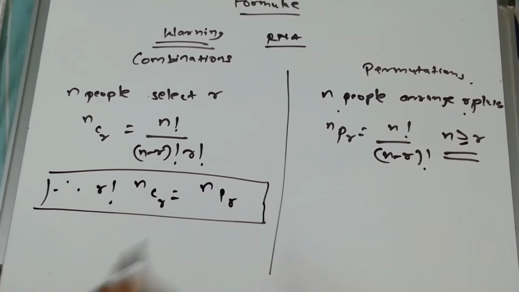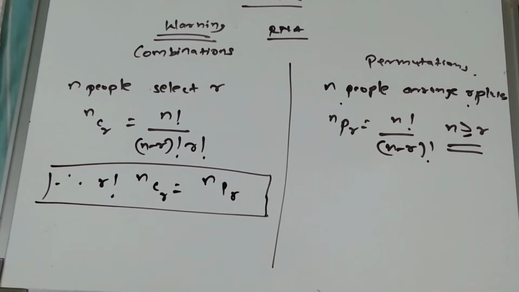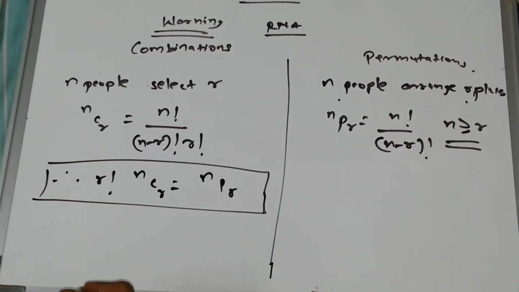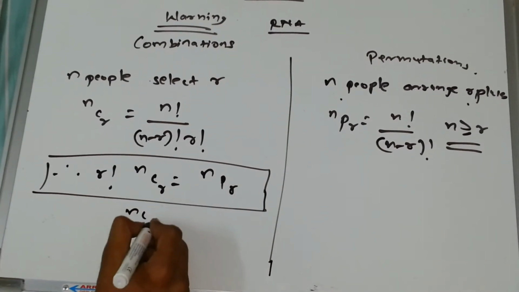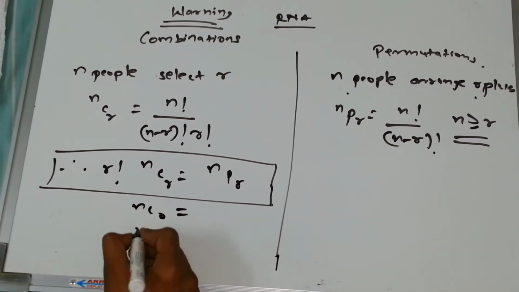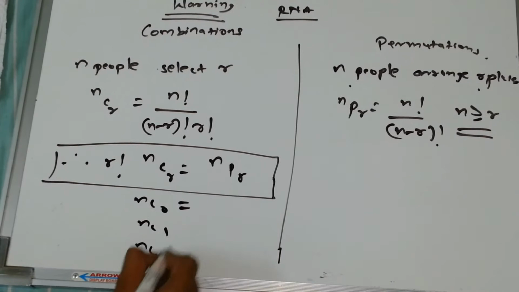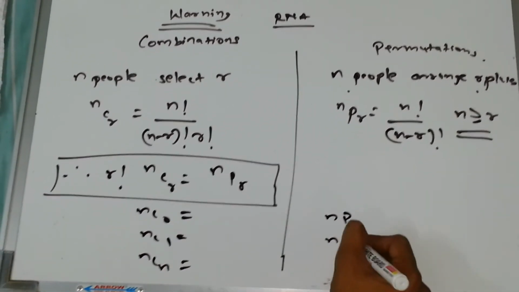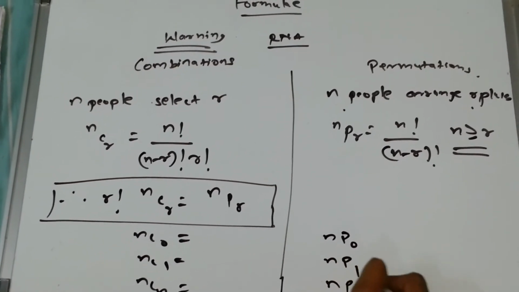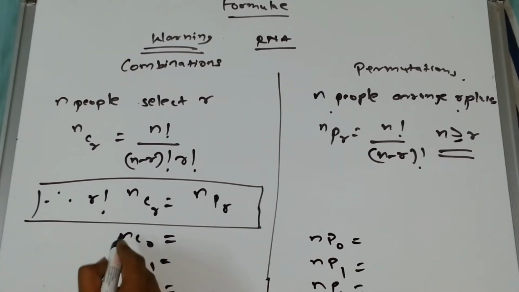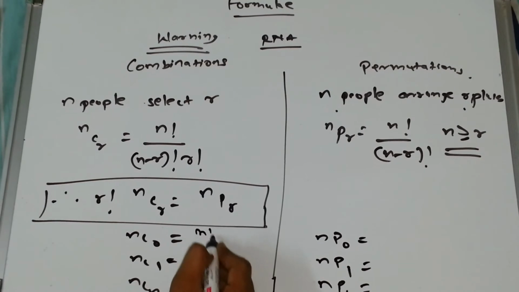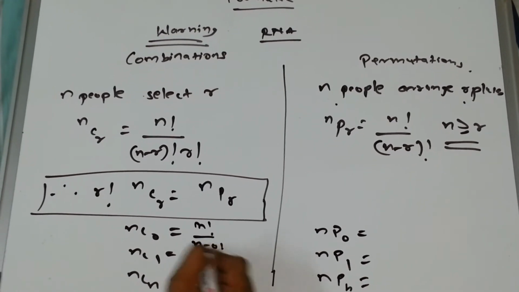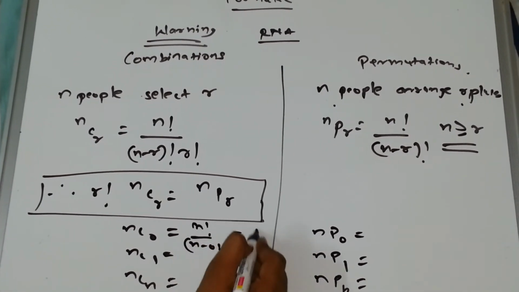It is very important to learn, or just say remember, 3 basic formulas, that is nC0, nC1 and nCn, as well as nP0, nP1 and nPn. What is nC0? It will be n factorial by n minus 0 factorial by 0 factorial, which is nothing but 1.